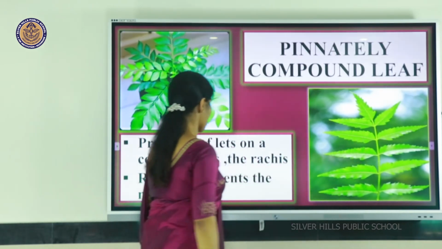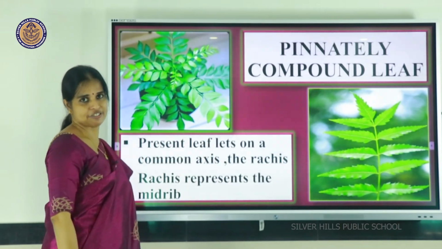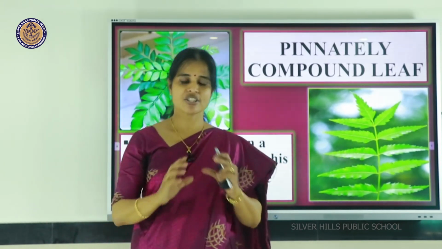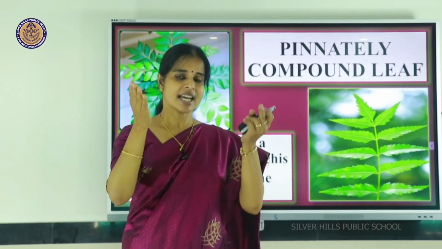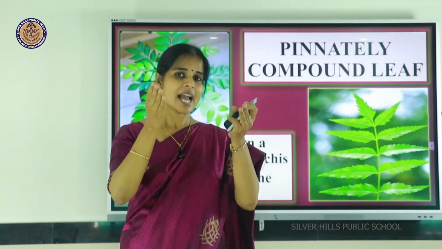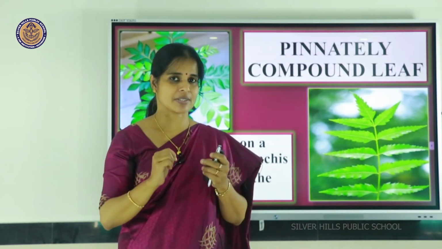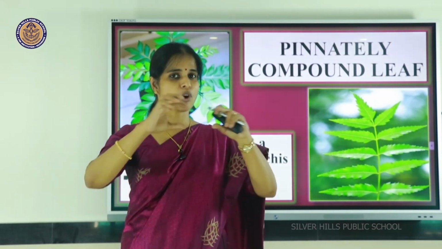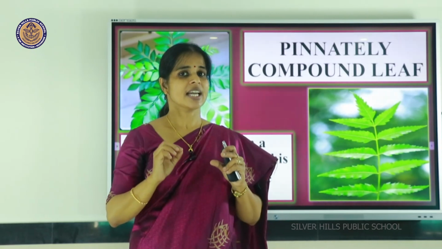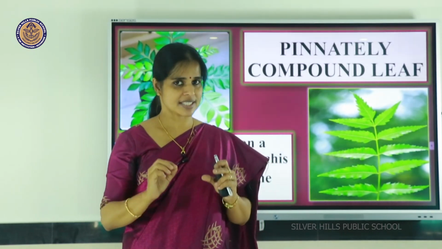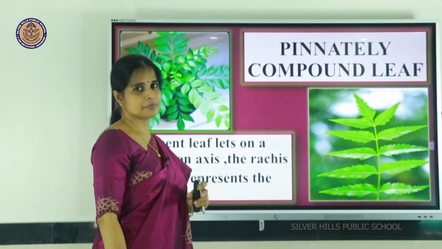These incisions or breaks make it into different leaflets. Imagine an entire leaf with many incisions that has broken uniformly into different leaflets or segments. If leaflets form on both sides this way, that arrangement we call a pinnately compound leaf.